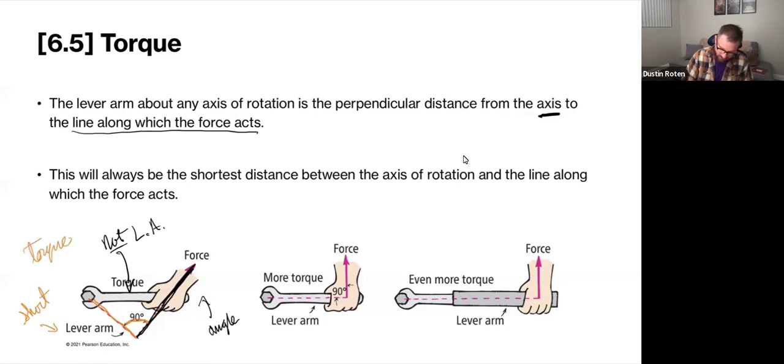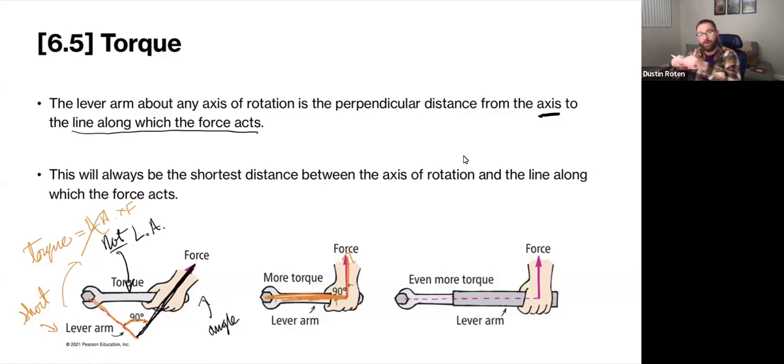Right, so our torque is the lever arm times the force. Well, here our lever arm is short, right? That's not helpful. Now, if we move our wrist and actually make a 90-degree angle, we get more torque this way because our lever arm becomes longer.